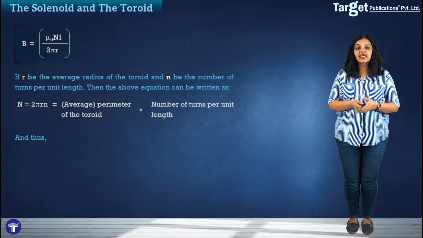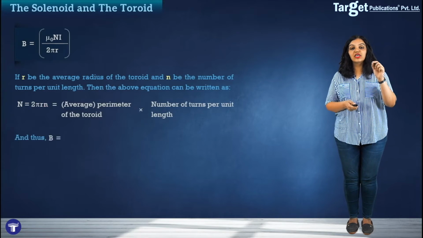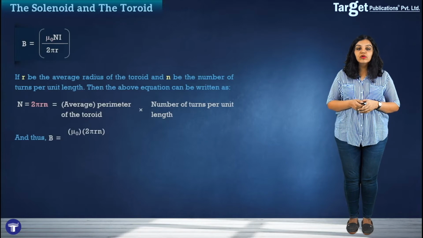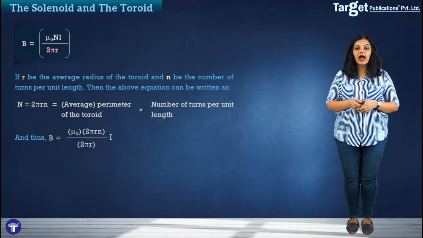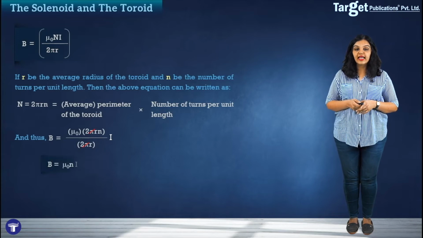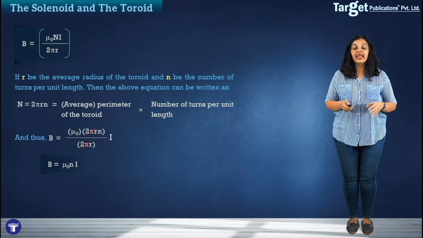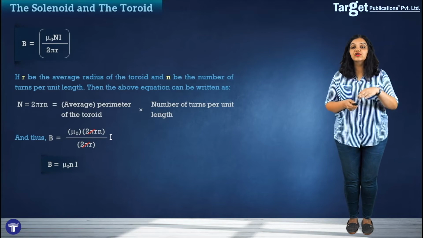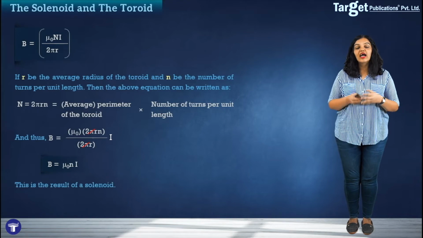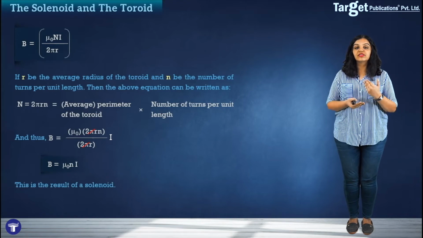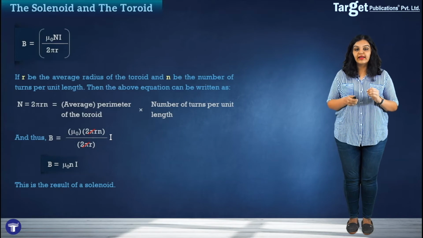And then in this case, instead of the capital N, I will just write 2 pi r n, so I get mu naught 2 pi r n into I upon 2 pi r, and as you can see, 2 pi r cancels and you get mu naught nI, and this is nothing but the magnetic field due to a solenoid that we saw before, and thus you can see that the magnetic field due to a solenoid and the toroid well inside their structures is the same. It comes out to be mu naught nI.